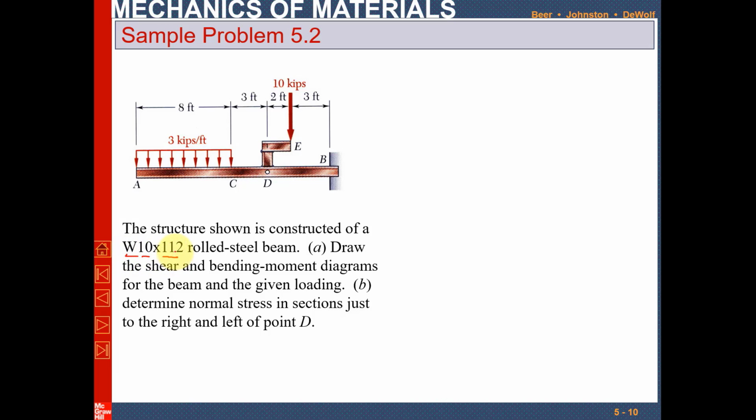You can take the properties of W10 by 112 from appendix C that is given at the end of the book. From that appendix C, you can take the value of Ix.